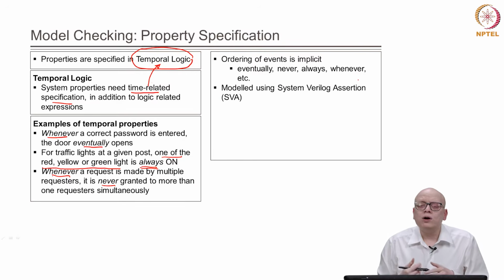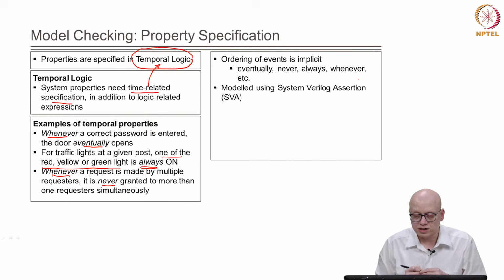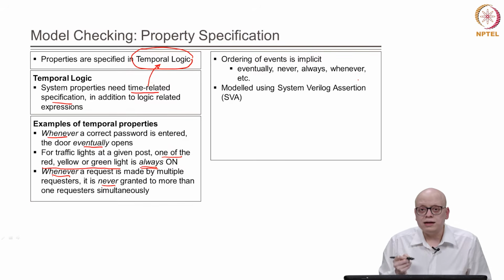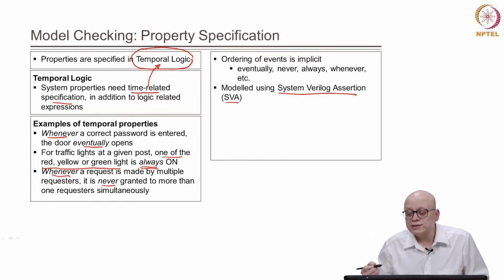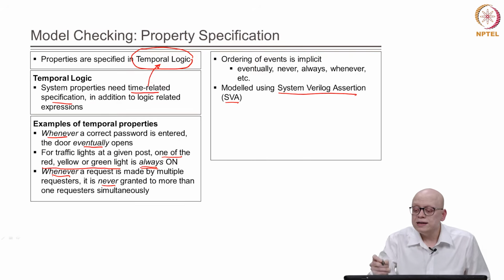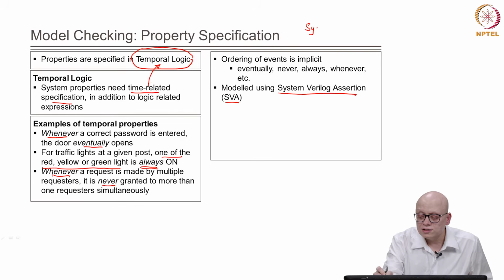Now, how do we give these properties to the model checking tool? We typically use SystemVerilog assertions, or SVAs, to model the properties and give them to the tool. Now, what is a SystemVerilog assertion? SystemVerilog assertion is a part of the IEEE SystemVerilog language.